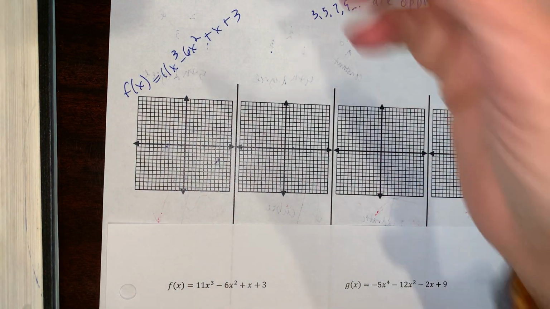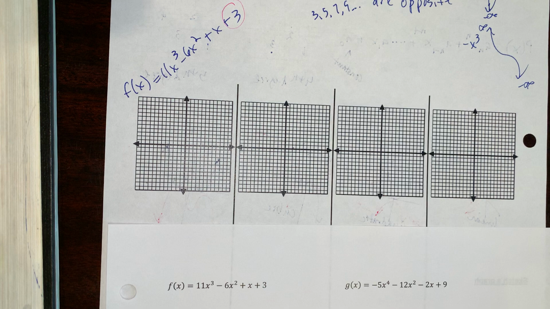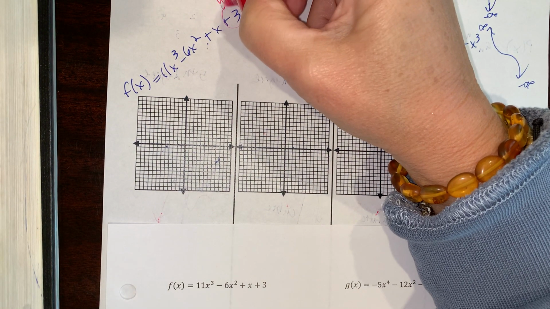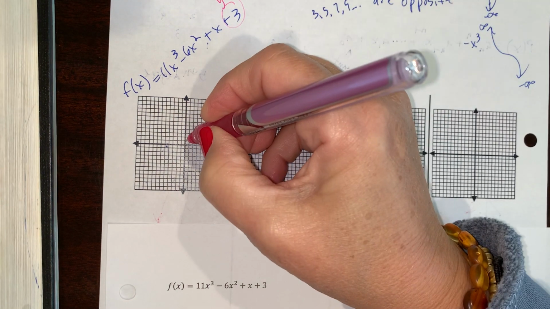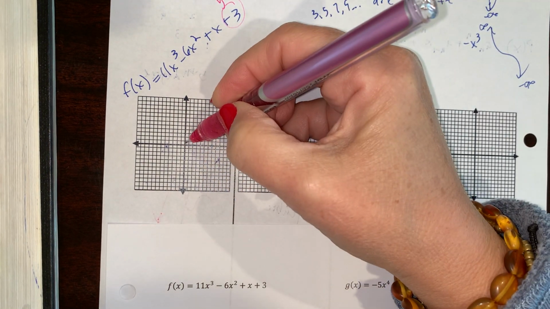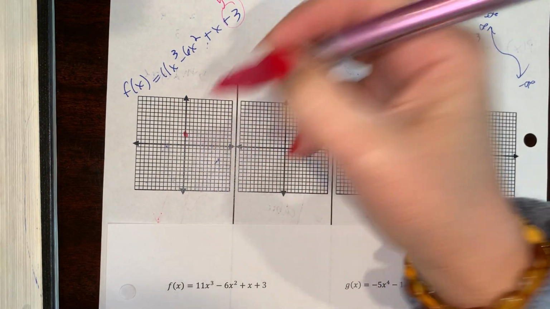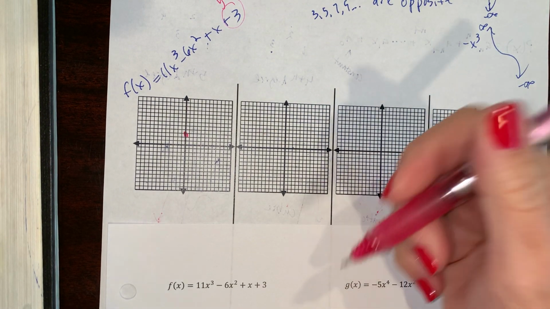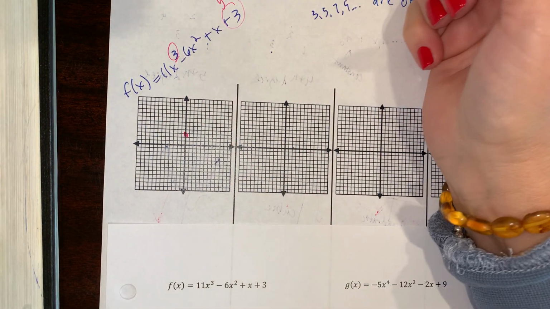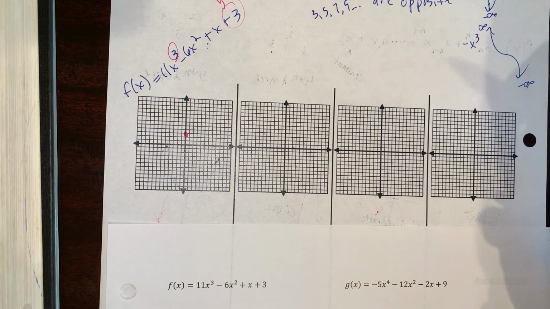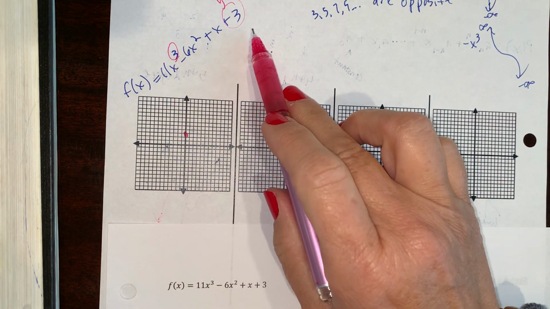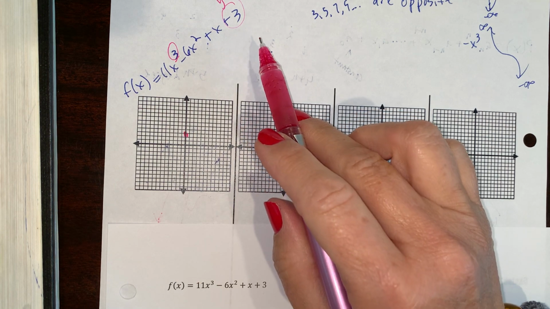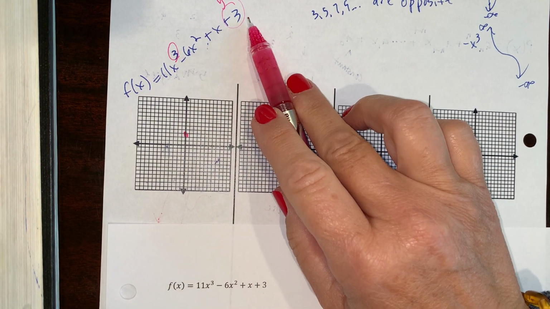Here's one super cool thing: that is a y-intercept. So I know my graph's going to pass through 3. If it's a third degree, I know that it's going to be some sort of cubic function. There are some other things I can determine, as in a multiple choice situation.